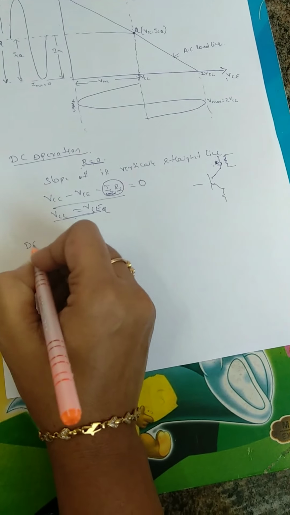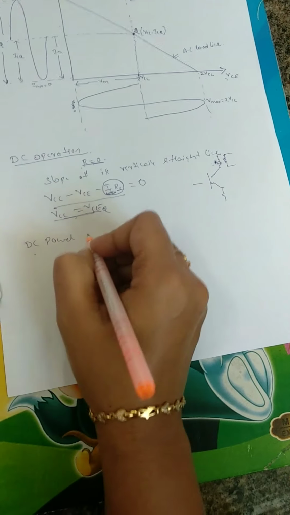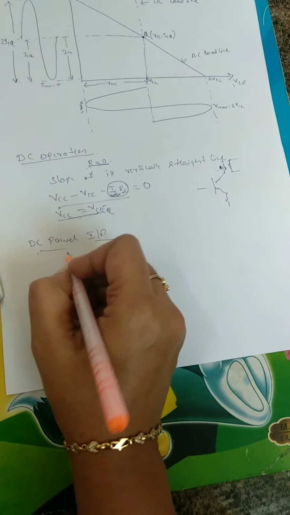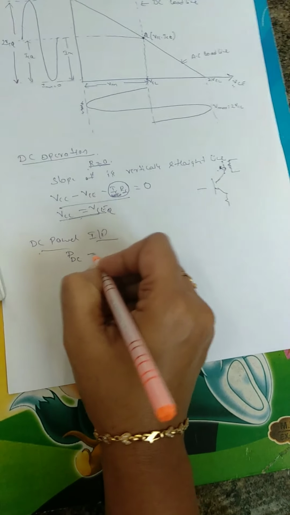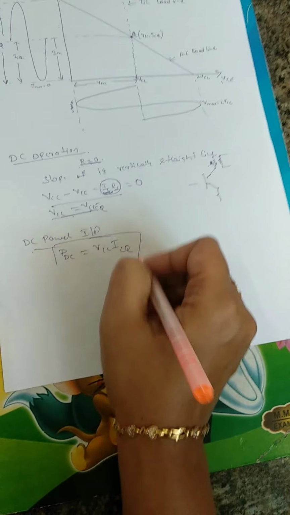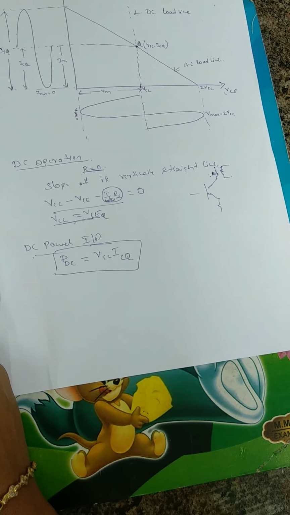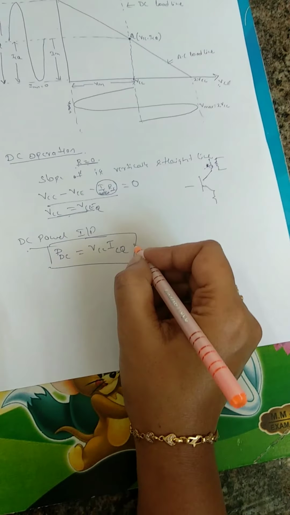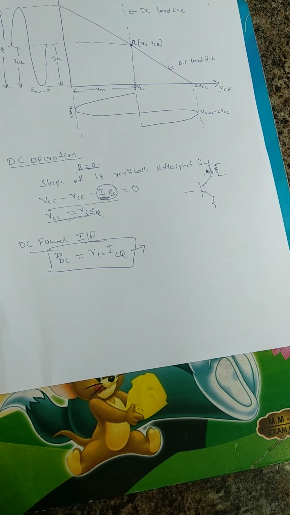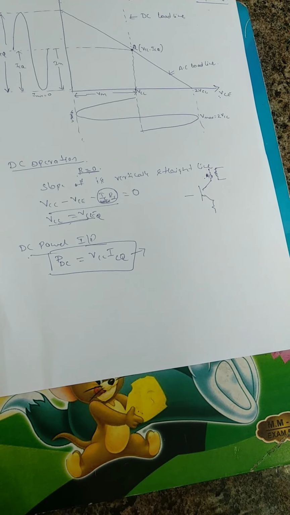Okay, so the DC power input. So what is DC power input? We'll see now. PDC is equal to VCC into ICQ. This is the same as what we derived previously for the series fed directly coupled class A amplifier also.